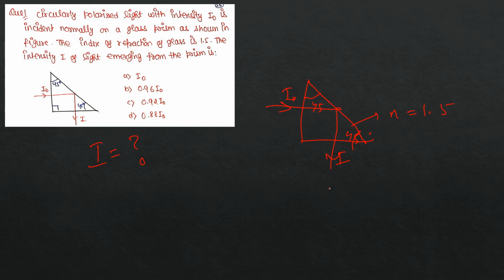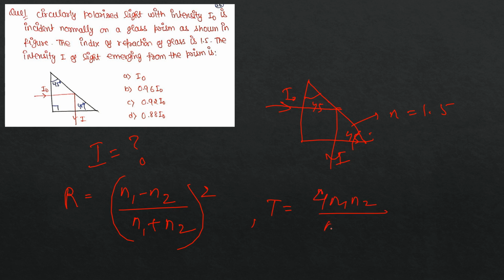Okay, so here refraction is concerned. R we know is (n1 minus n2) by (n1 plus n2) whole square, and T is 4 n1 n2 by (n1 plus n2) whole square. What can we do here? We can calculate T. It's coming from air, so n1 is 1, going to glass 1.5. So 4 into 1.5 divided by (1 plus 1.5) whole square.